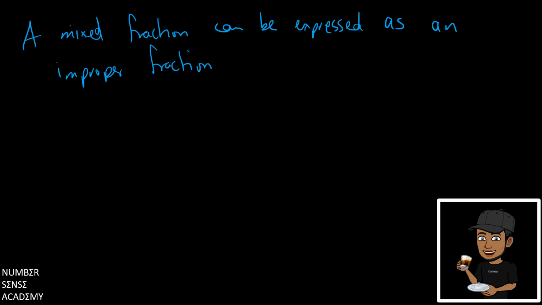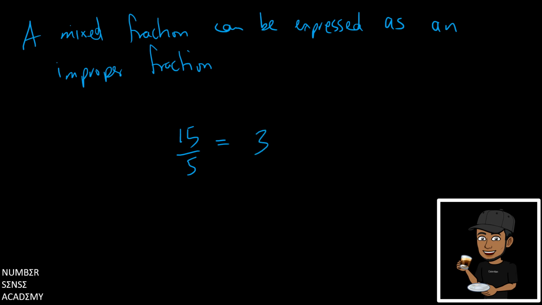Which means that if you have an improper fraction, you could also write it as a mixed fraction. For some people, an improper fraction won't make sense, but a mixed fraction will make sense. So I'll give you an example. If I write 15 over 5, well, that's an improper fraction because 15 is bigger than 5. But as a mixed number, it's just 3.